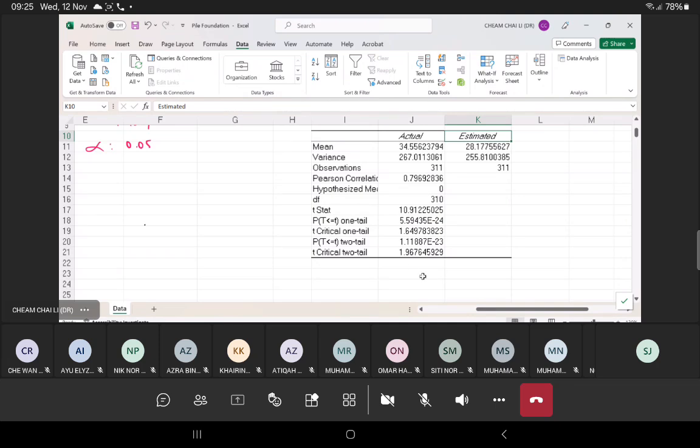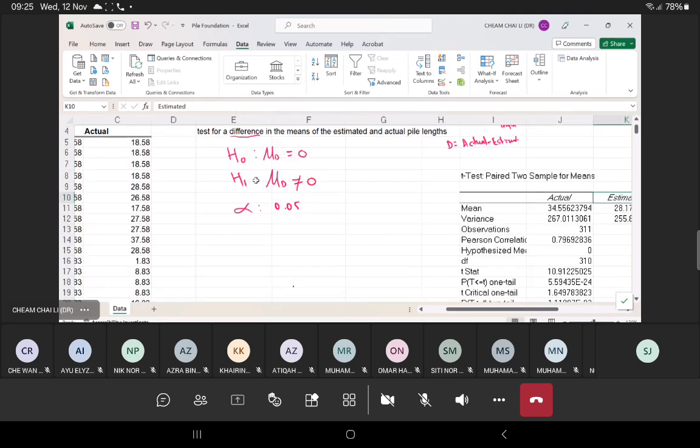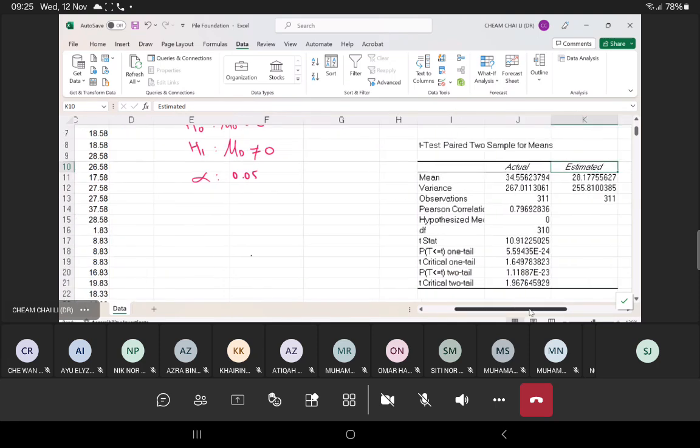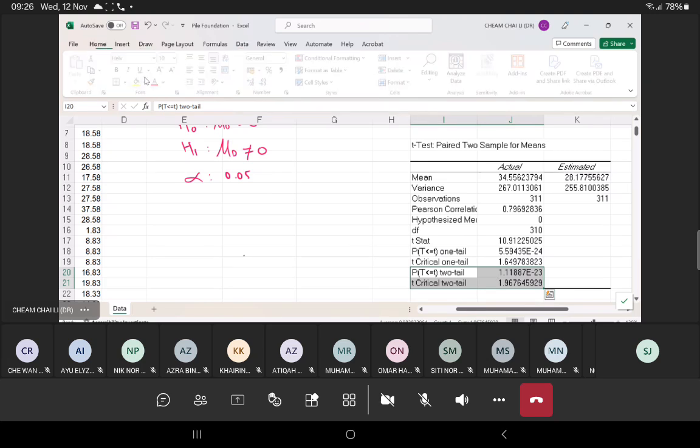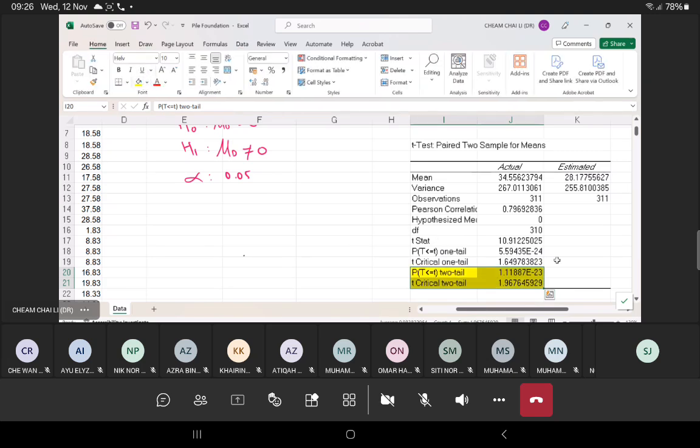And okay, yang ni sama dengan t-test 2 sample assuming unequal variances, right? So you look at your hypothesis, especially on the alternative hypothesis, you have not equal sign, right? Not equal sign. Jadi kita kena pilih you have one tail, two tail, right? Not equal sign tu maksudnya kita akan ada two tail. So you refer yang ini. Are you okay so far?